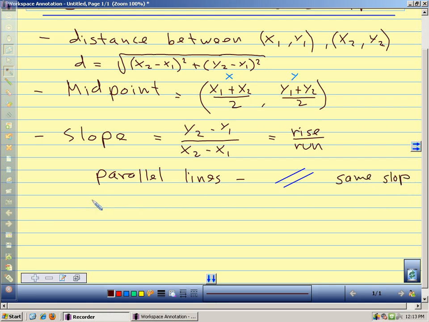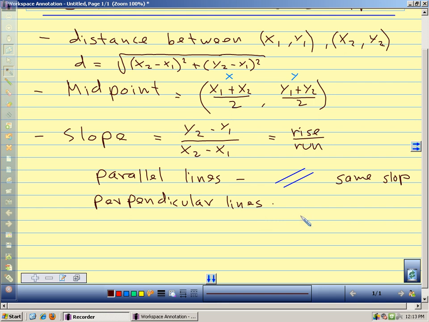And perpendicular lines. Do you remember how the slopes of perpendicular lines are related? What is it? The two numbers are switched and the sign is changed. Perfect.